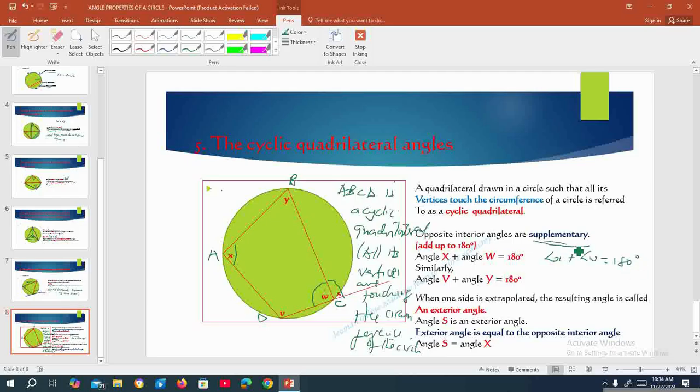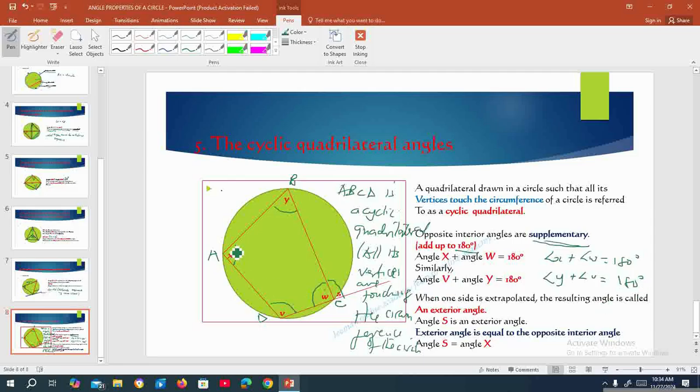Supplementary angles add up to 180 degrees. Likewise, angle V and angle Y are again opposite interior angles, and they also add up to 180 degrees. They are also supplementary. Angle Y plus angle V will also give us 180 degrees.